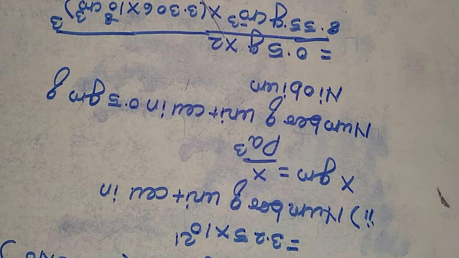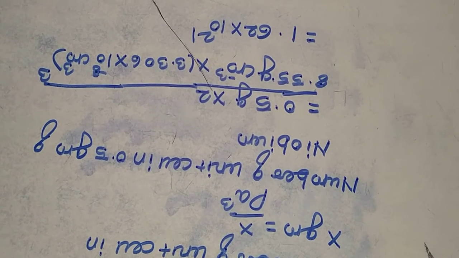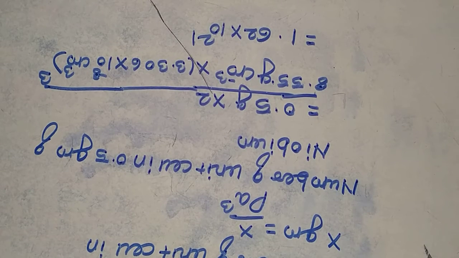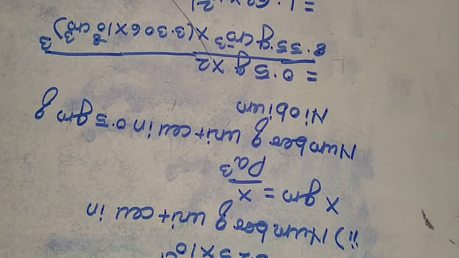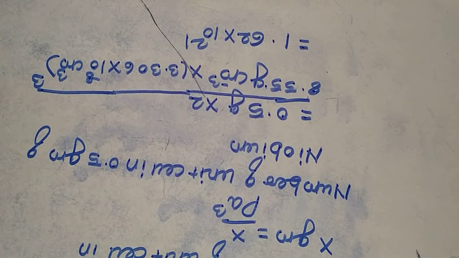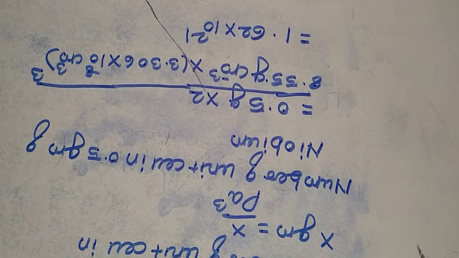The number of unit cells in 0.5 gram of niobium is 0.5 upon density, which is 8.55 gram per centimeter cube, into edge length 3.306 into 10 raised to minus 8 centimeter, cubed. Simplifying, the number of unit cells in 0.5 gram is 1.62 into 10 raised to 21.